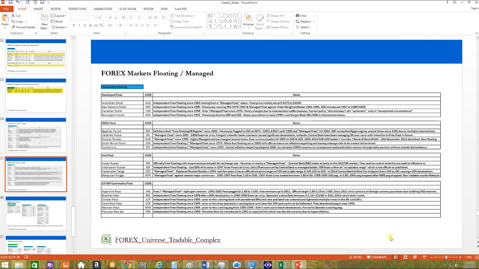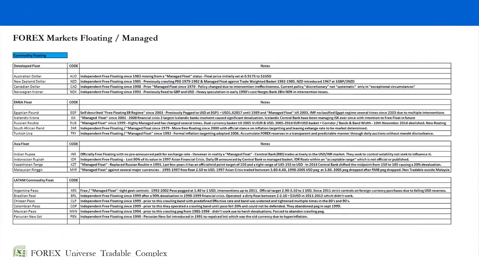We've drilled down another level and said, okay, we understand the fixed Forex regimes, but we're not going to trade them over the timeframes that, as traders, we need to trade over in order to make consistent profit.